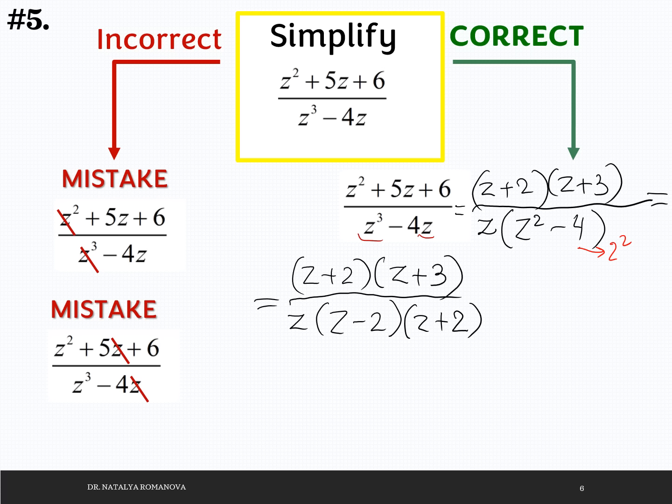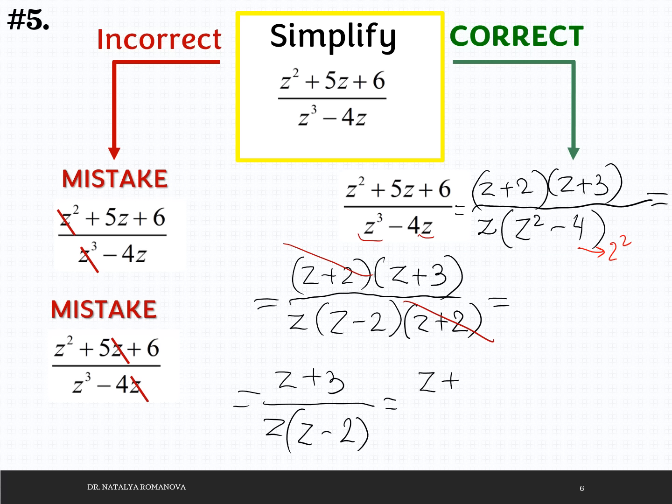Now we can see we have the common factor z plus 2. Z plus 2 and z plus 2 we can cancel out. And we can write the answer: it would be (z plus 3) over z(z minus 2). This is the correct answer, or you can write z plus 3 over, distributing z, z squared minus 2z. Correct answer for our example 5.